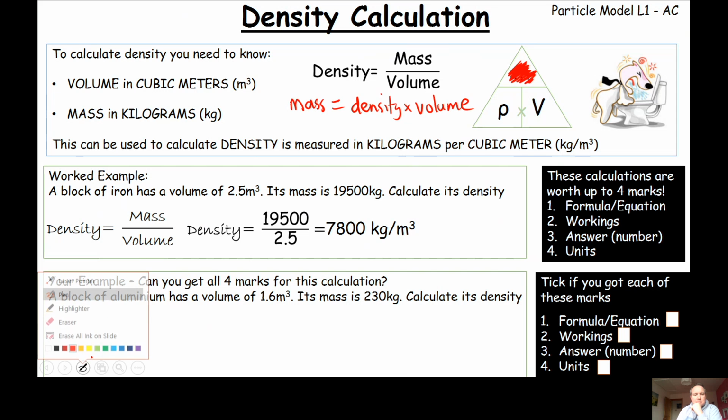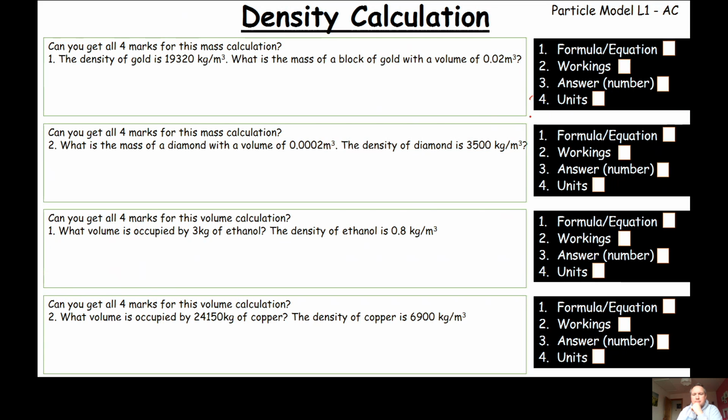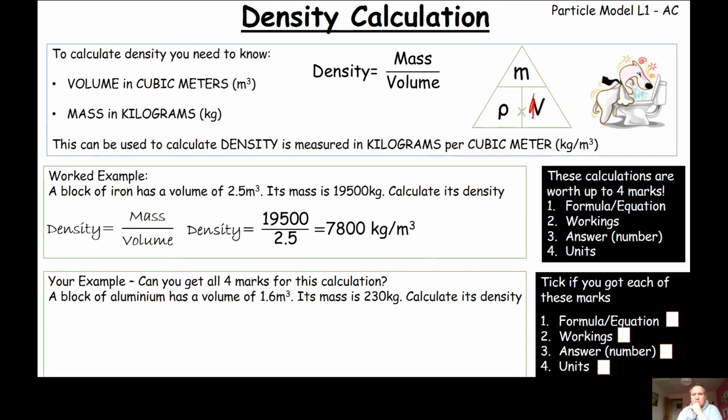What if the question asked me to work out the volume of something? I cover up the volume and look what sum I'm left with. Volume equals mass over density. Mass divided by density.